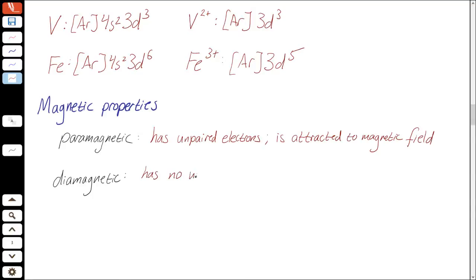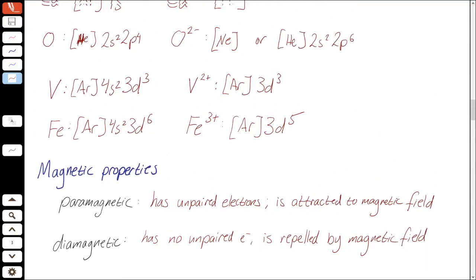It has no unpaired electrons and is repelled by a magnetic field. And we can figure out if it has paired electrons or not based on its electron configuration.